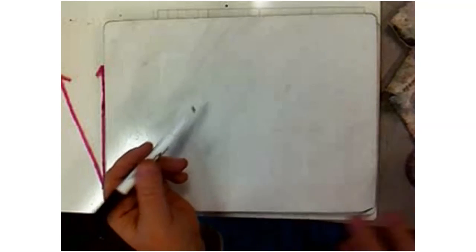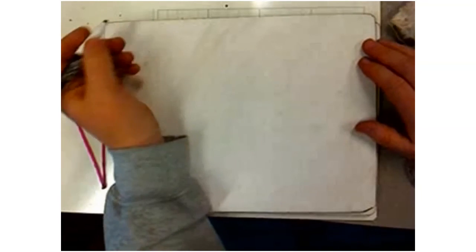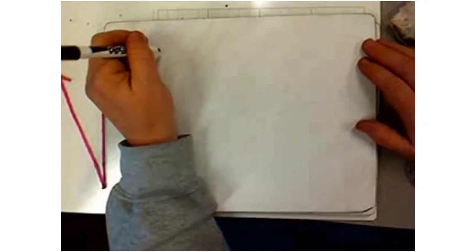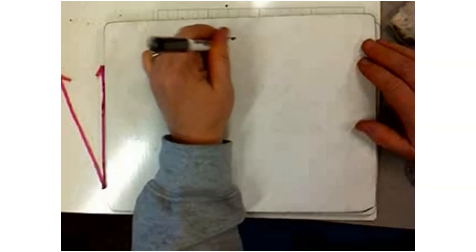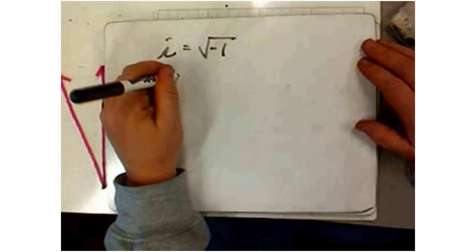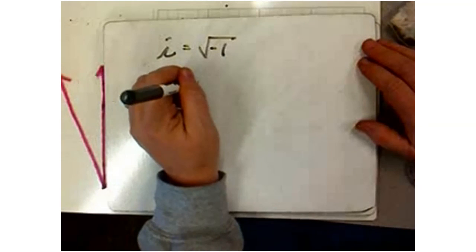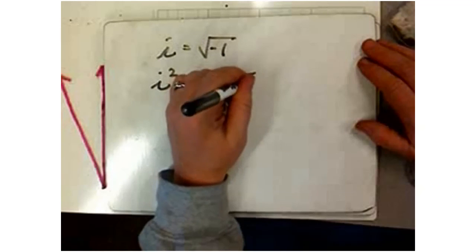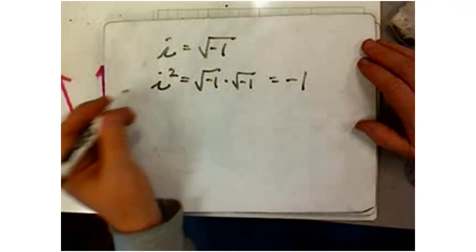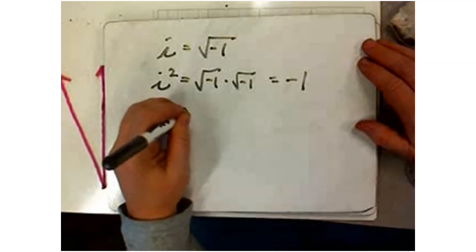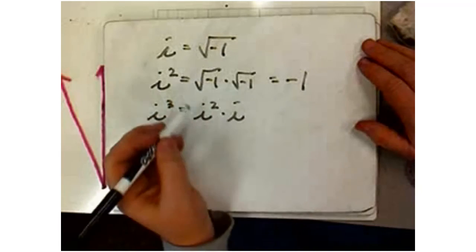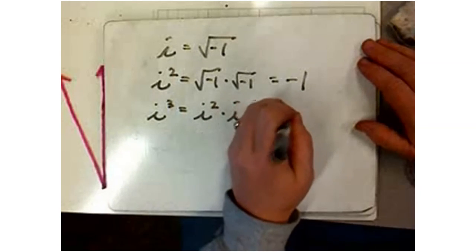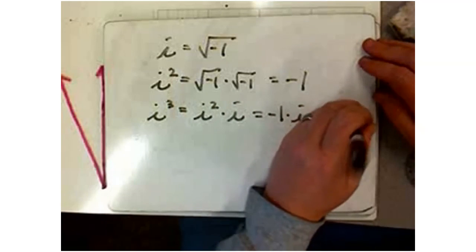And then you're going to have some problems with your i values, your complex numbers. Remember your i cycle. i means the square root of -1. i to the second power would mean the square root of -1 times the square root of -1, which is -1. i to the third power would be i squared times i. So if i squared is -1, it would be -1 times i, which is -i.